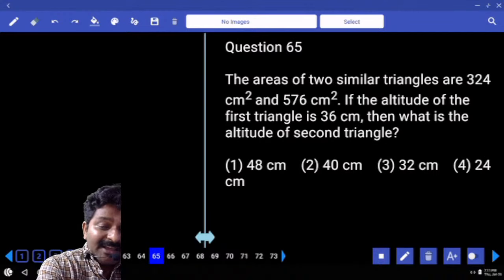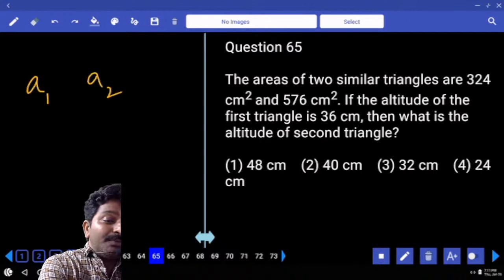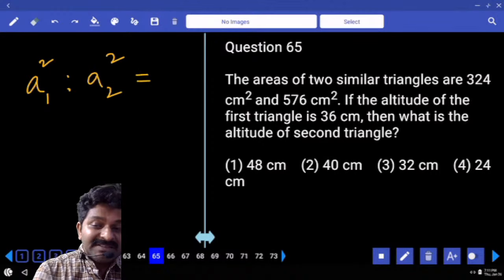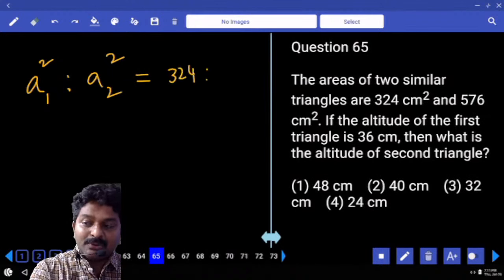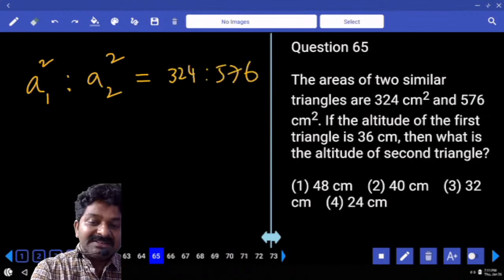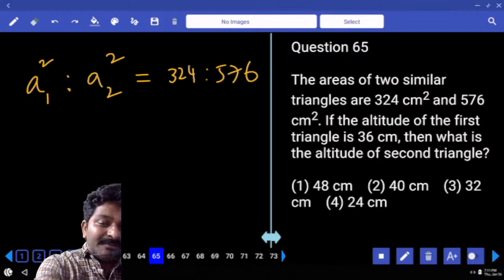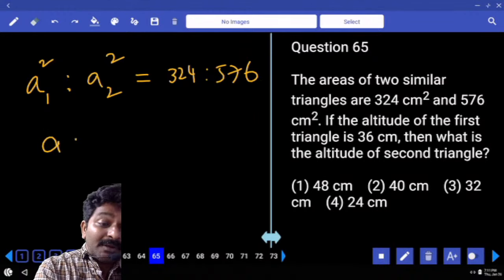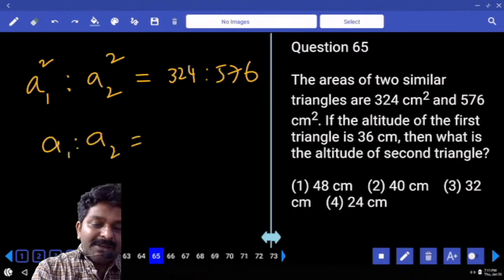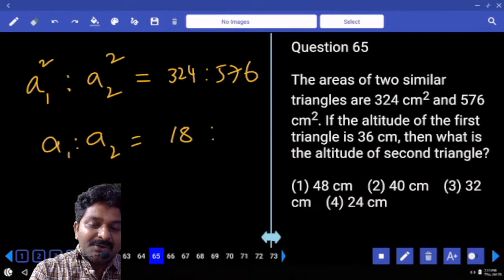So I can say sides A1, A2, area ratio is equal to 324 is to 576. Which number square is this? So which number square is 576? So that means A1 is to A2 is equal to 18 is to 24.